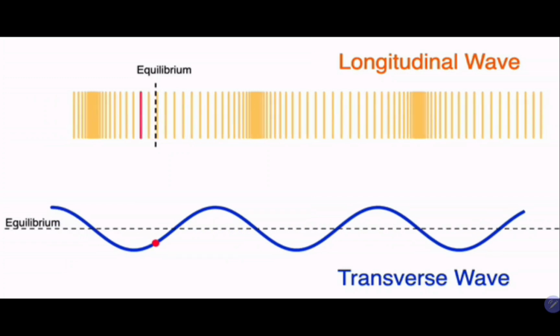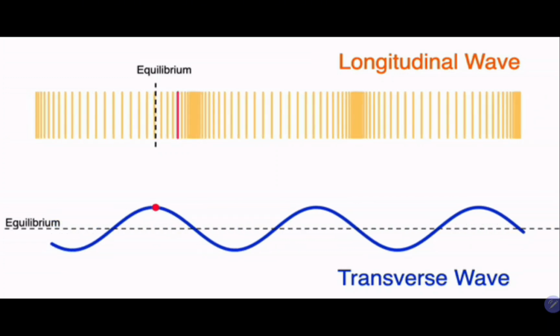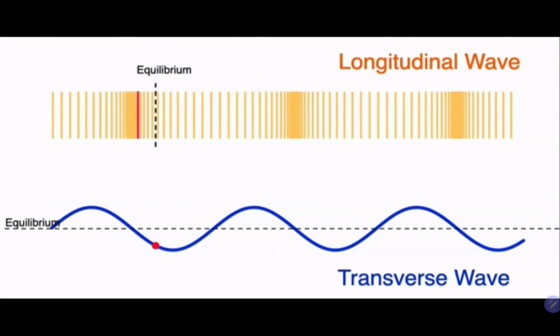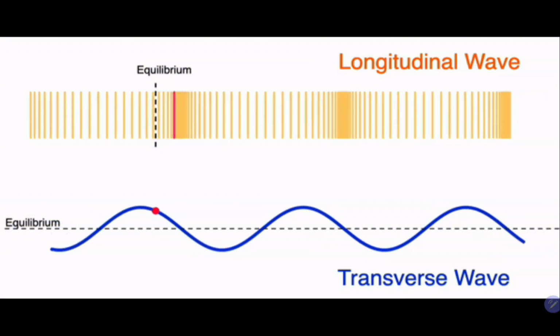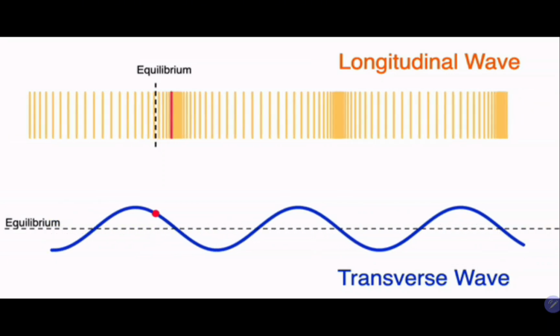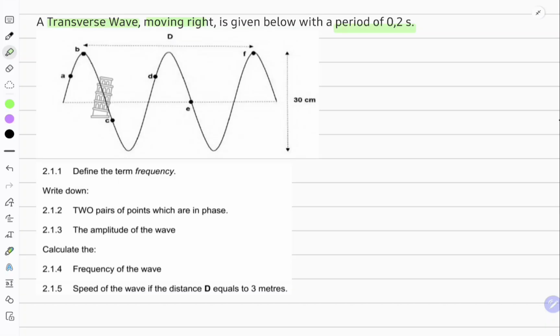But then if you look at the blue line, you can see that it's moving from left to right. So when the movement of the particle is in a direction that's perpendicular to the movement of the wave itself, then we say the wave is a transverse wave.